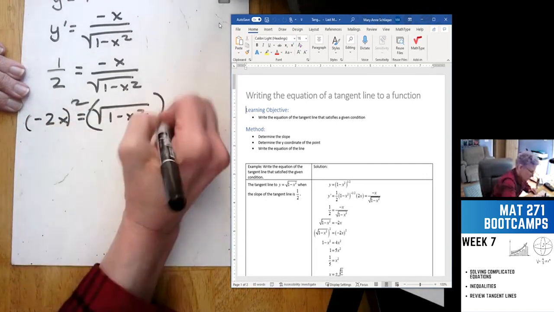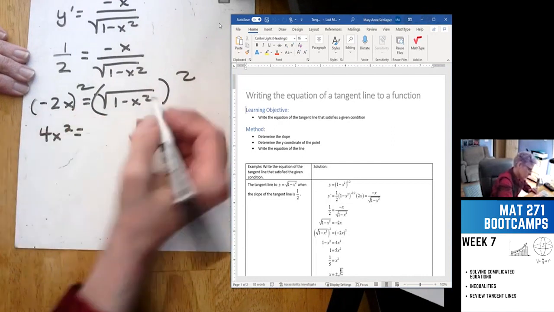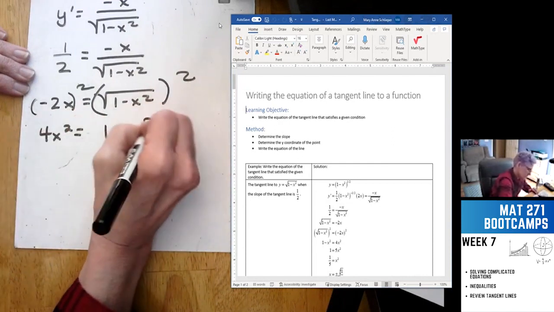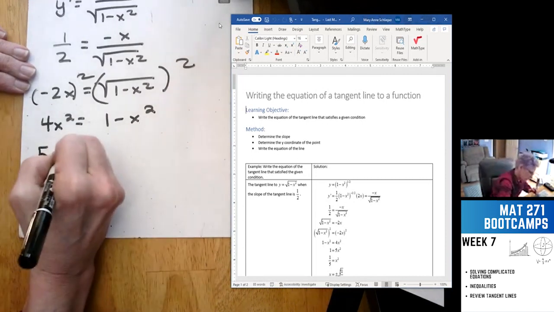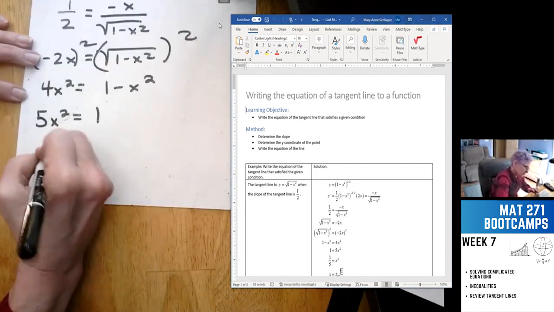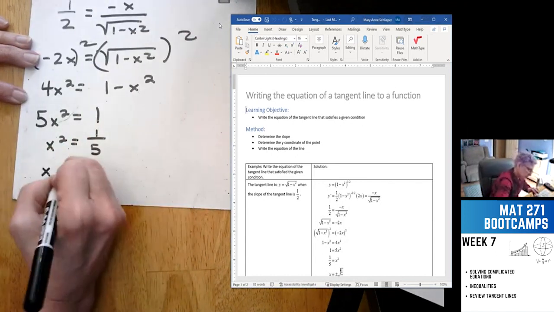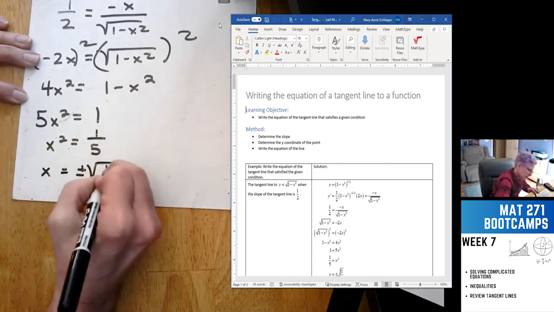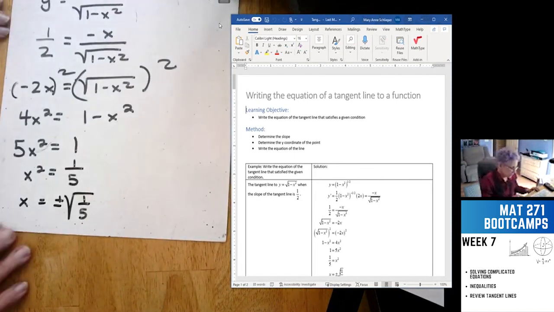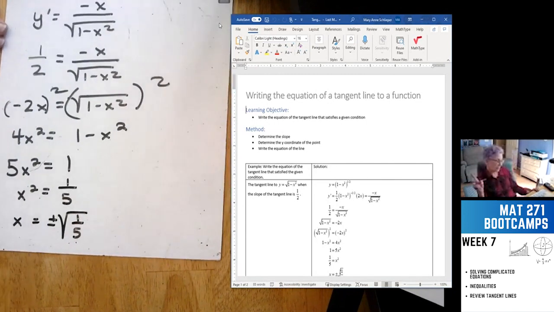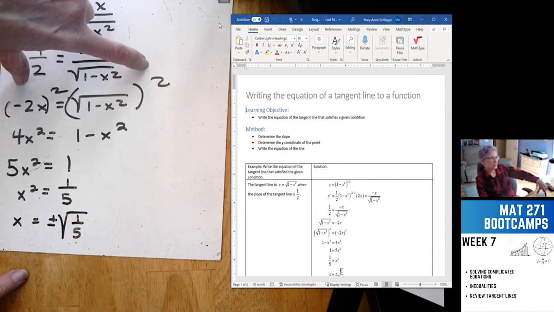So square, 4x squared equals 1 minus x squared. I'll add x squared to each side. 5x squared equals 1. x squared is equal to 1/5, so x is plus or minus the square root of 1/5. Oh, but when I was teaching 171, I always reminded them that when you square both sides, you introduce extraneous solutions.